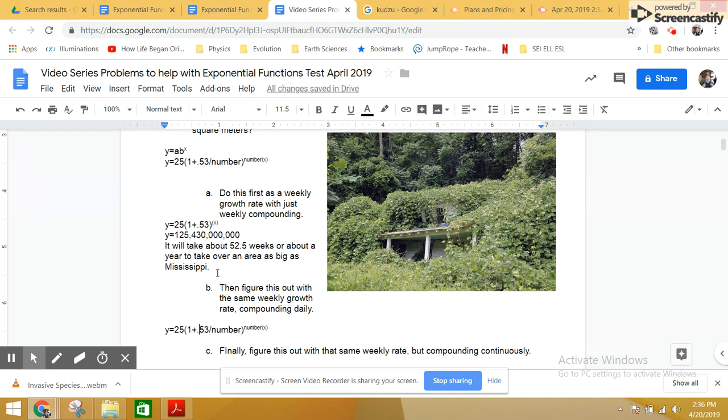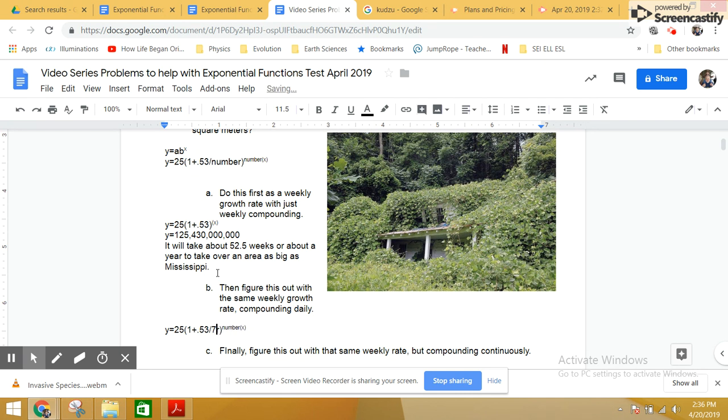Okay, and that rate is added to the 1 because that's a growth rate on top of 100% of what you start with. Then we are compounding daily on a weekly rate, and there are 7 days in a week, so the number of compounding events has to be 7.